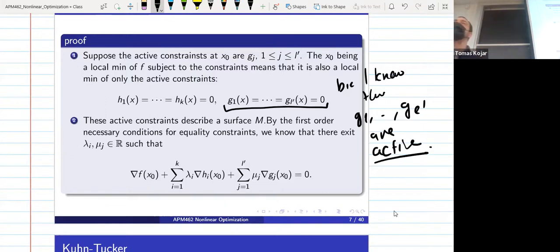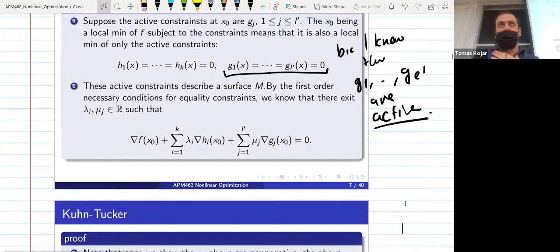I can only apply this theorem to the active ones because I need equality to apply Lagrange multipliers. That was the theorem in Lagrange, I needed to have equality. But we're going to extend this right now.